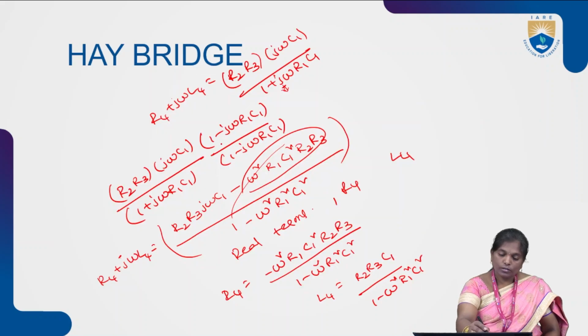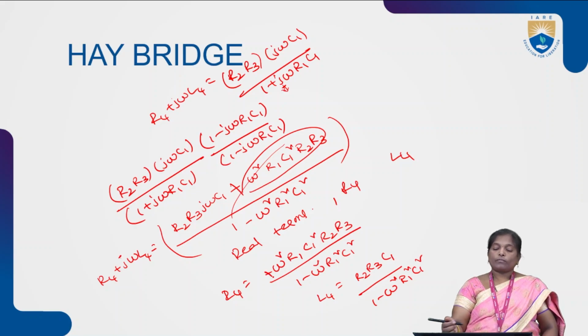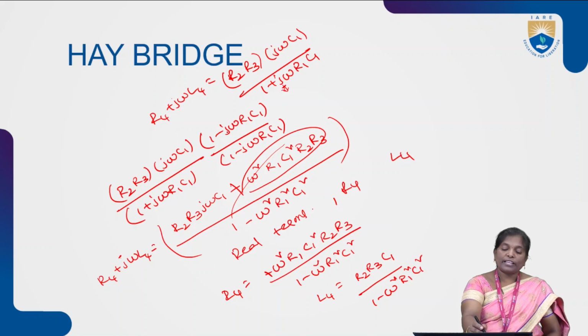This, it will be plus: R4 equal to omega square into R1 square C1 square R2 R3 by 1 minus omega square R1 square C1 square. So here j square means minus 1, minus into minus plus.